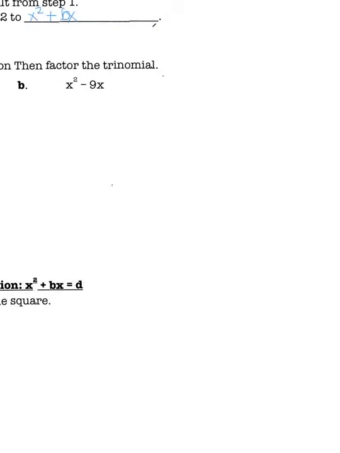I would actually like to do an easier equation than b first. So let's do x squared minus 16x. So something new does come up. Our b coefficient is actually negative 16, not positive 16. So we're going to take that sign with us. So we're going to take negative 16 divided by 2 and square it.